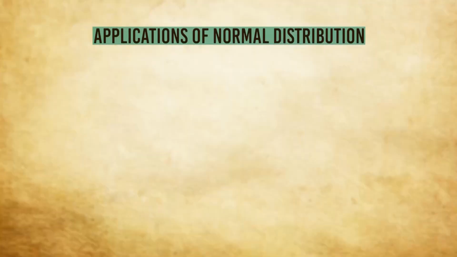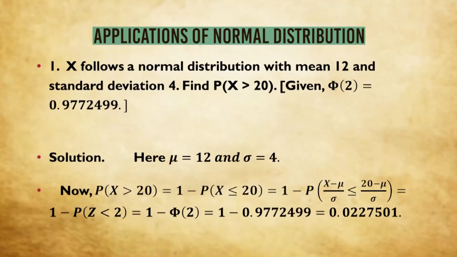Now we come to some applications of the normal distribution. Suppose x follows a normal distribution with mean 12 and standard deviation 4. Suppose we have to find the probability x greater than 20. And the value of phi 2 is given. As I mentioned, these are available from the table. So mu is 12, and standard deviation is 4, so sigma is 4. We can find the probability x greater than 20 as 1 minus probability x less than or equal to 20.